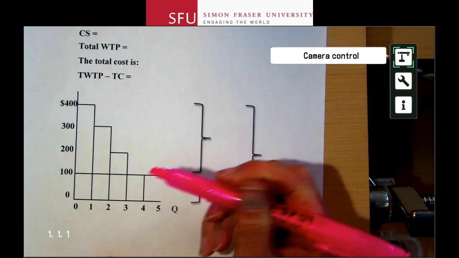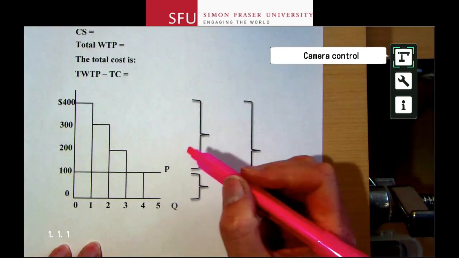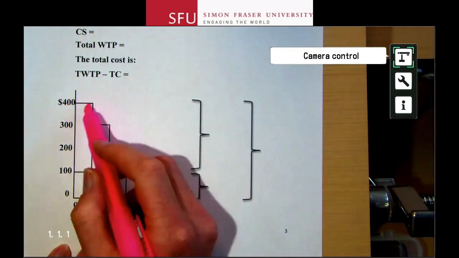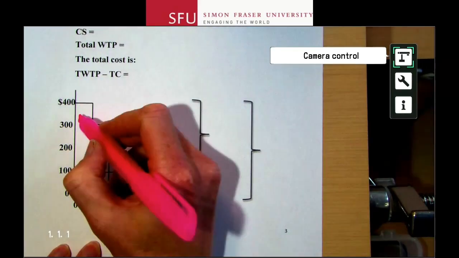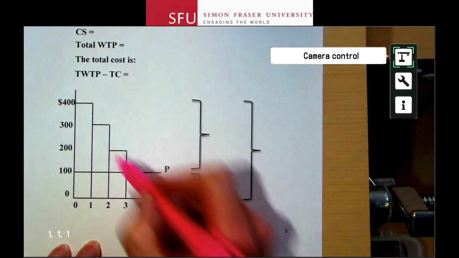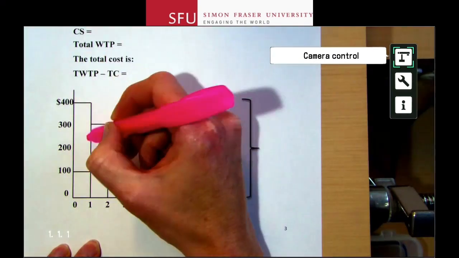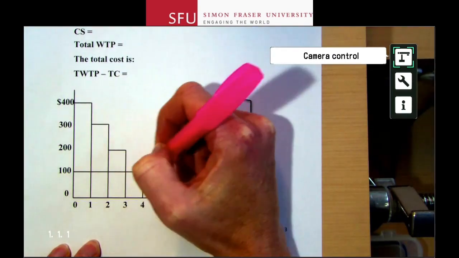So total willingness to pay. Now what we've got is marginal willingness to pay here, which is graphed as a bar chart, rather than a straight line. So you can see that it's like a demand curve though, like it goes down because the marginal willingness to pay for each unit becomes smaller and smaller.